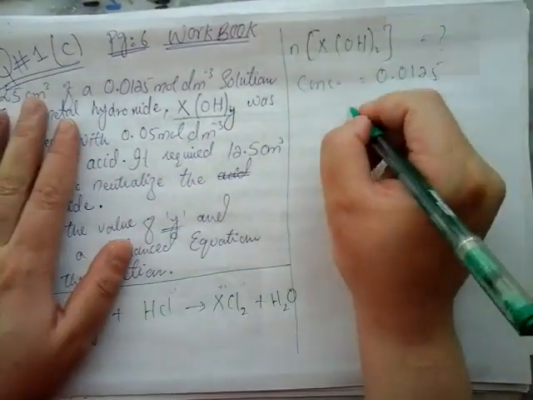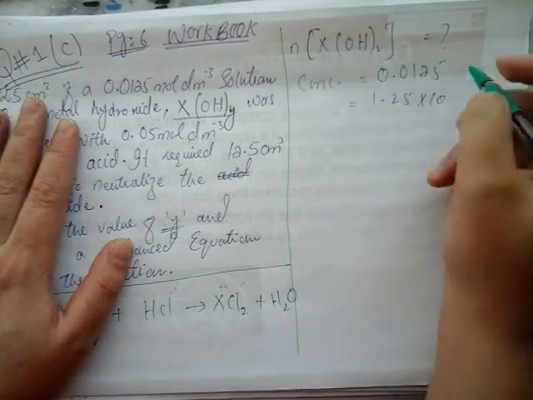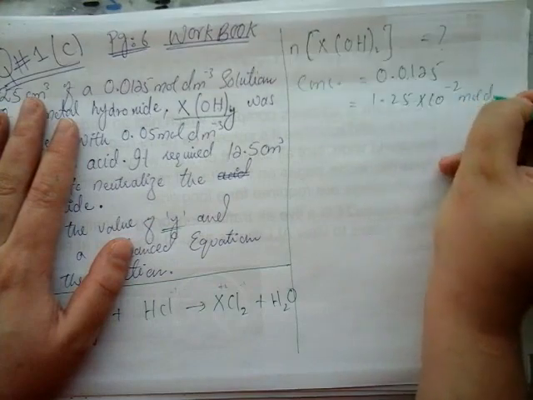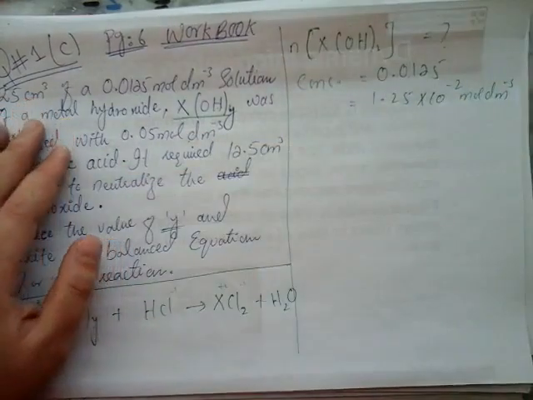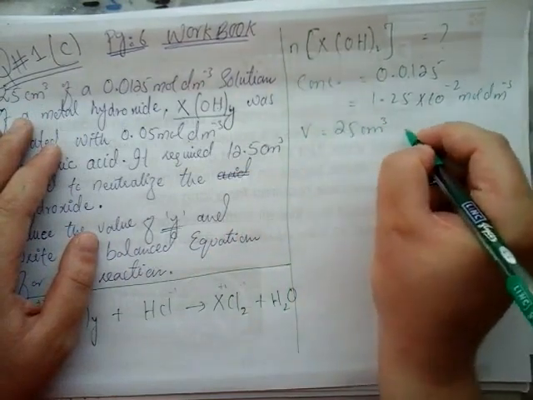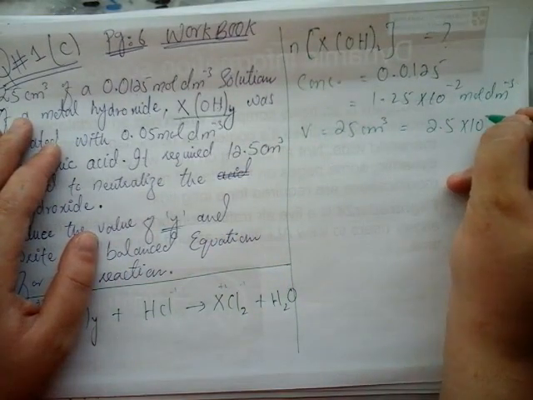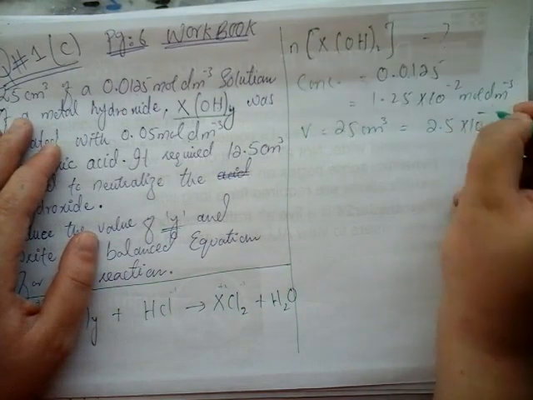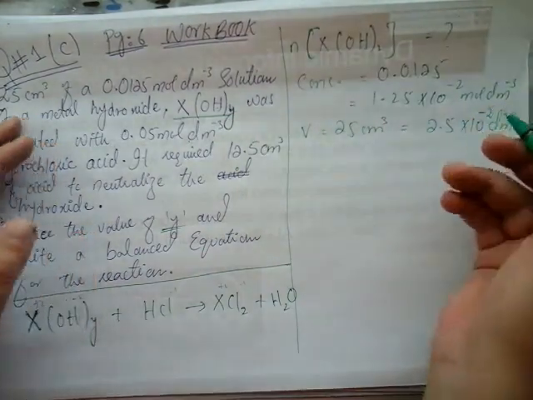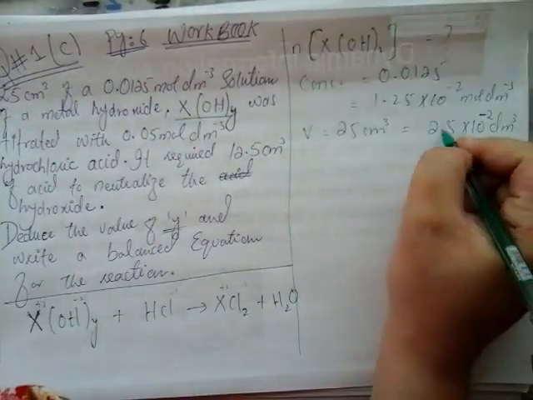If I want to write this in standard form, I will write 1.25 into 10 raised to power minus 2 mole per decimeter cube, and its volume is given, which is 25 centimeter cube, which is equal to 2.5 into 10 raised to power minus 2 decimeter cube, because 25 divided by 1000, it will become in this way, standard form.